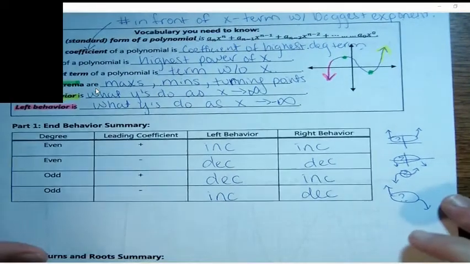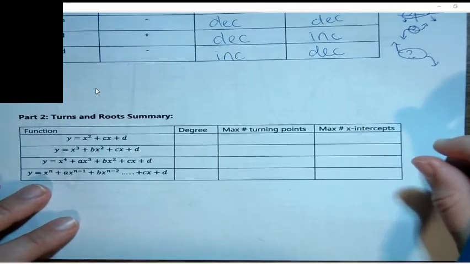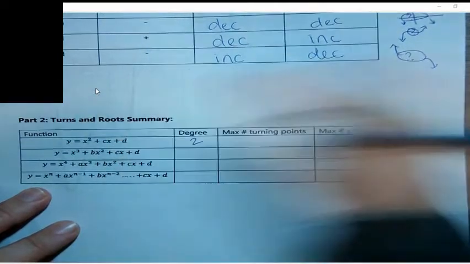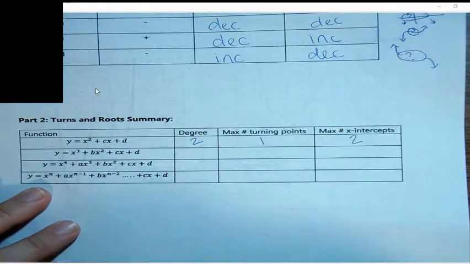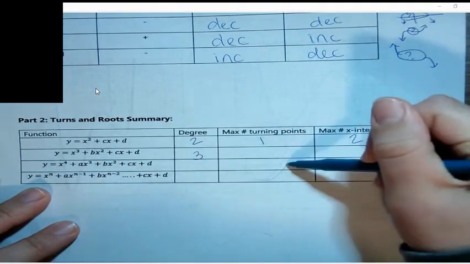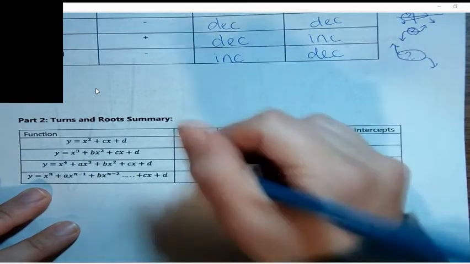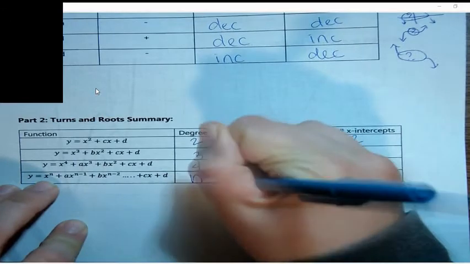Part 2, it has our terms and roots summary. So if our degree is 2, our max number of turning points is 1, and max x-intercept is 2. And remember that the max number of turning points is always going to be 1 minus this number. So we're going to have 2, 3, and 4, and then n for our degrees here.